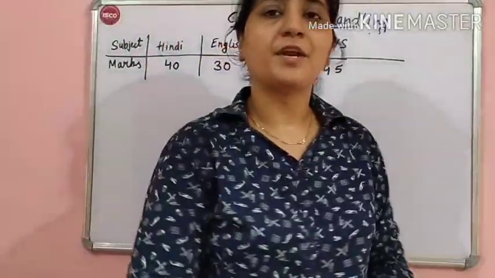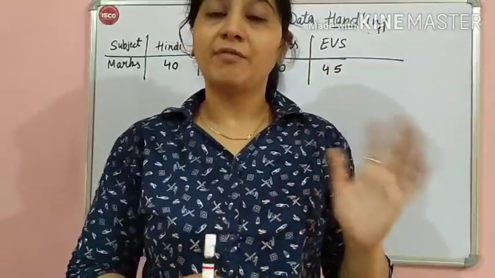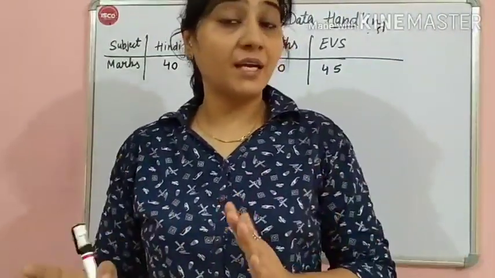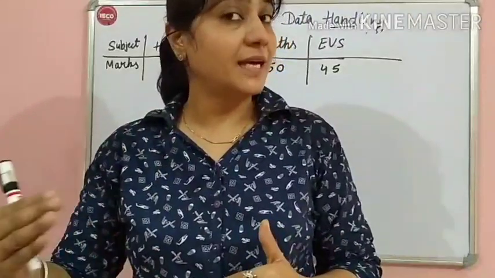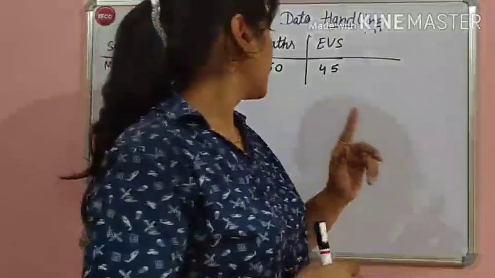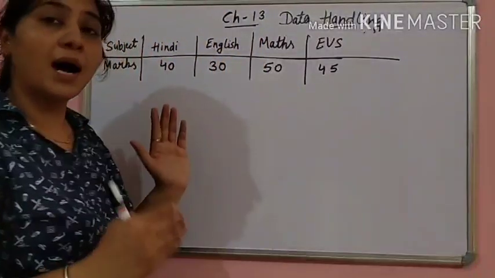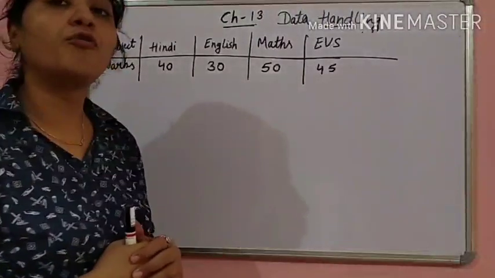Okay students, now we will learn how to draw a bar graph. In the first question, we learned how to read a bar graph, how to interpret the given bar graph. See, this table shows marks scored by a student in various subjects out of 50.